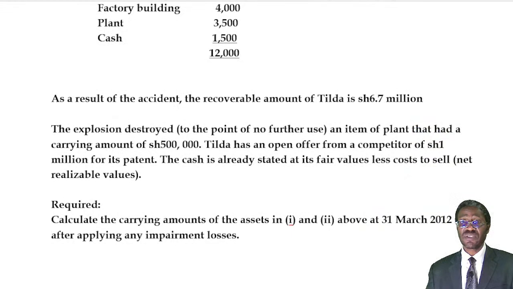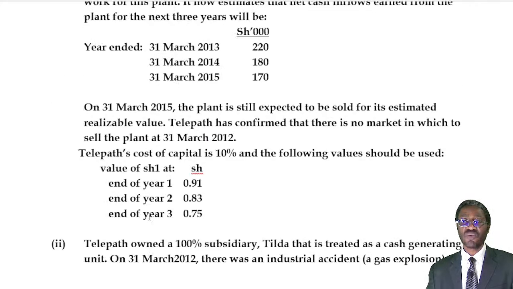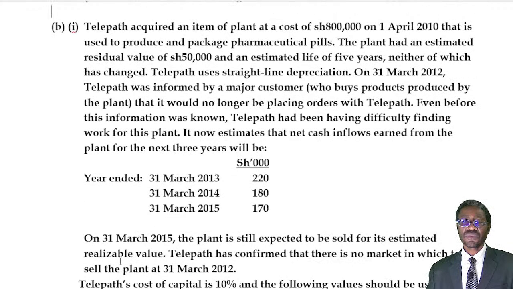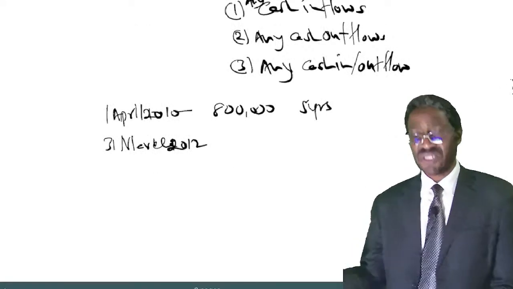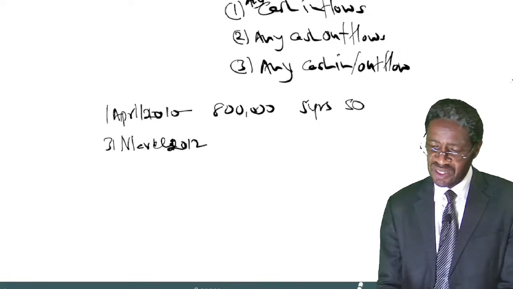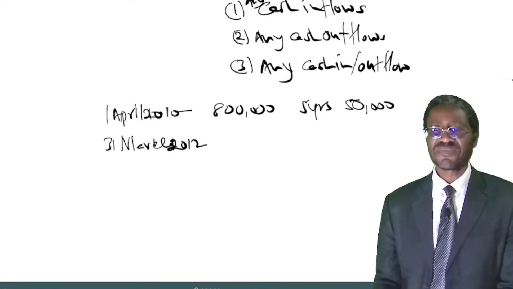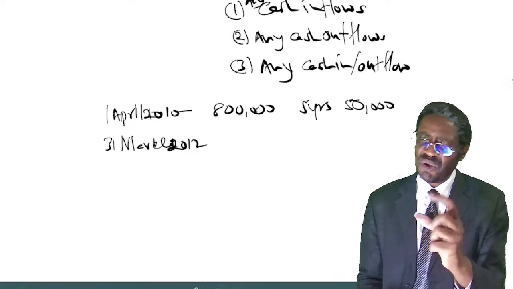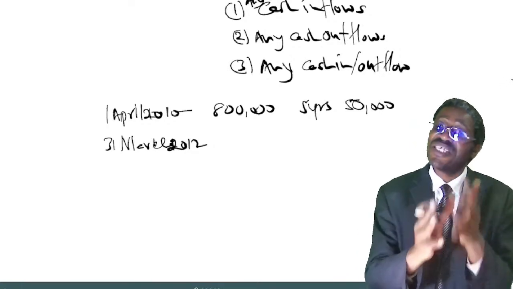Let me check from part 1. B1 says the plant has an estimated residual value of 50,000. Good. So the residual value here is 50,000. Now listen, we are not testing for impairment in 2010.